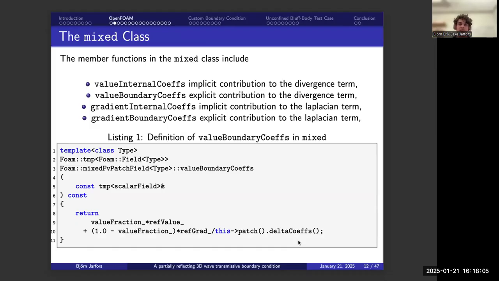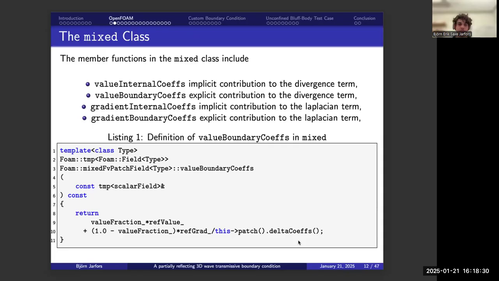the implicit and explicit contributions to the divergence and Laplacian terms that I mentioned are specifically returned to the linear system through the member functions value internal coefficient, value boundary coefficient, gradient internal coefficient, and gradient boundary coefficient.